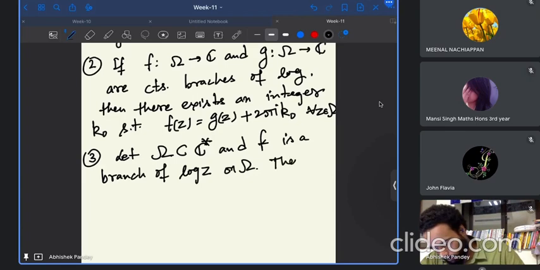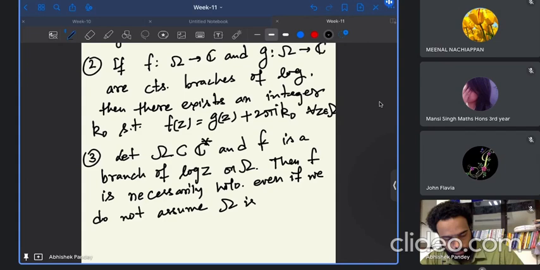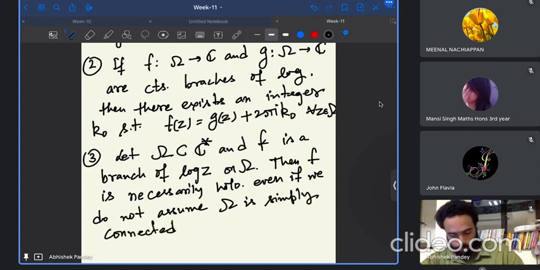Then f is necessarily holomorphic, even if we do not assume omega is simply connected. So the third one is also true.